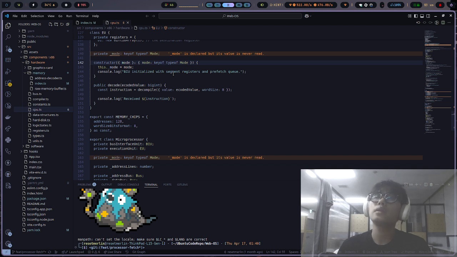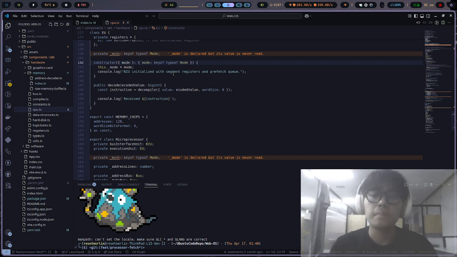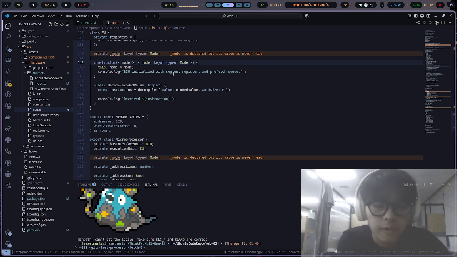What I mean by fundamental architecture is, when you're trying to build an operating system, you will learn how to make a bootloader.